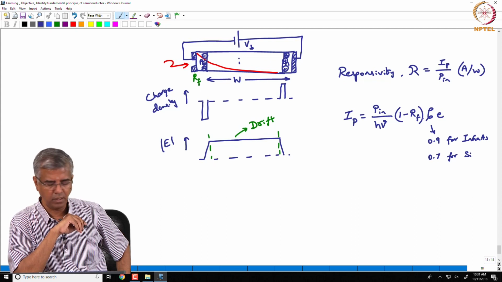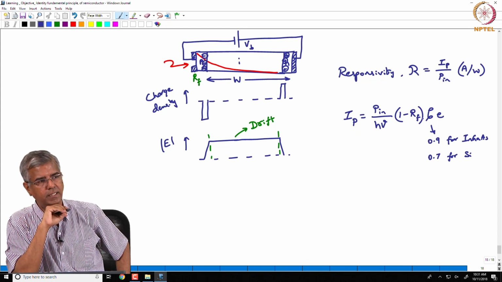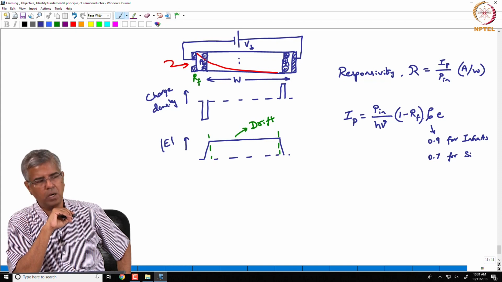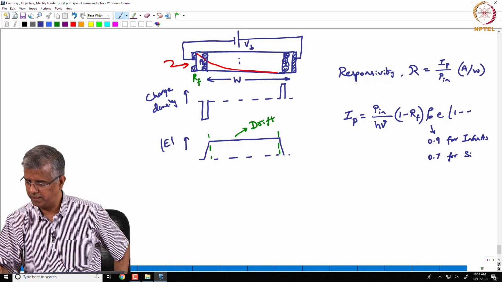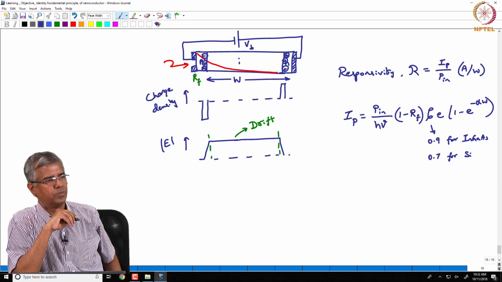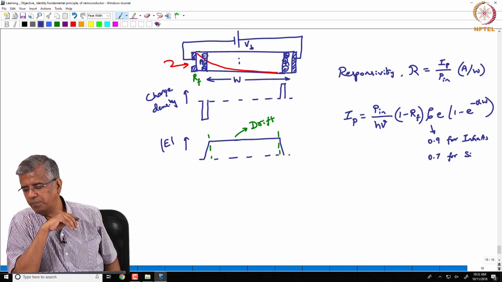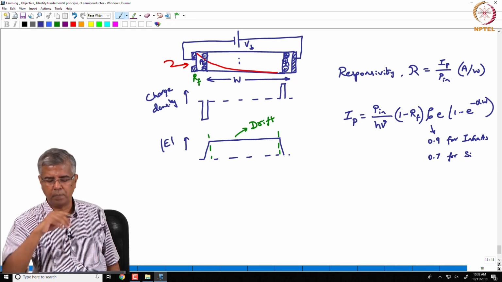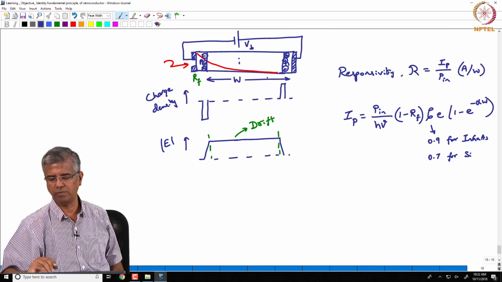And then of course, you are generating charges, so you can represent that electronic charge as E, and then the amount of light that is absorbed within this medium is going to be given by a factor 1 minus e power minus alpha multiplied by W, right. If W is the width of your structure, e power minus alpha times W is the fraction of power that you have at the end of the device.